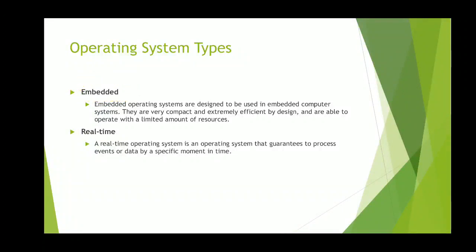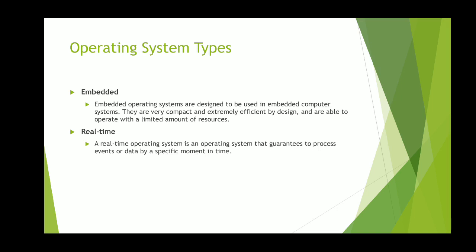This embedded operating system is specifically designed for an embedded system. We know that an embedded system has very limited resources. It means that it has very limited CPU performance and very low memory capacity.